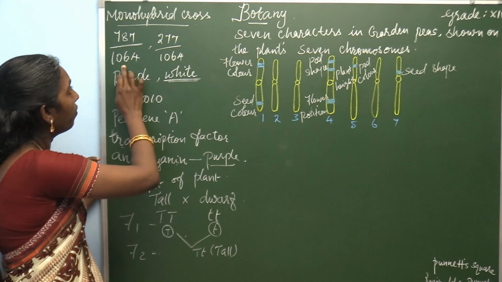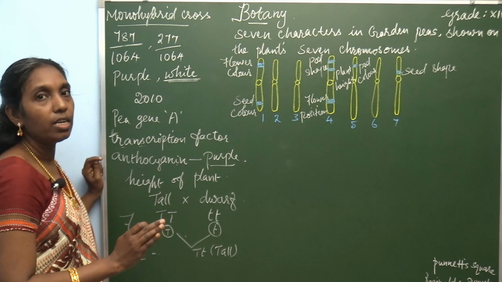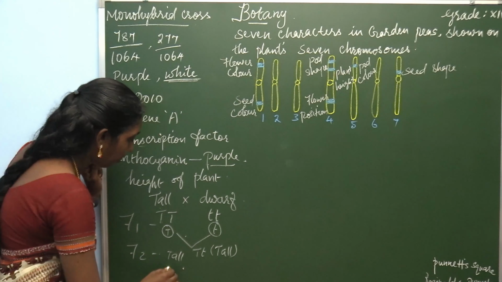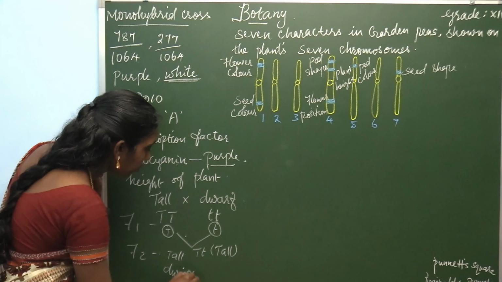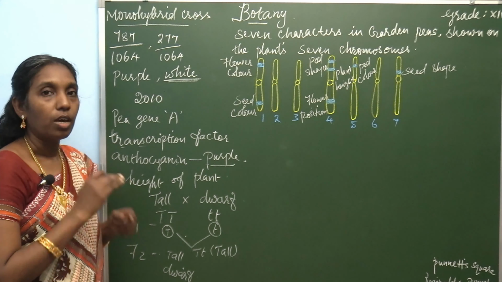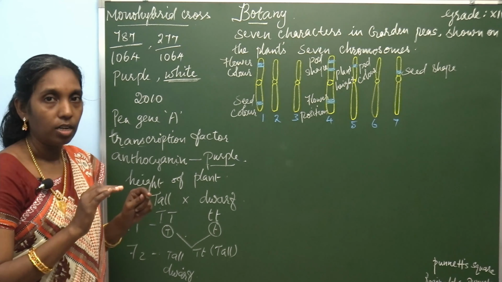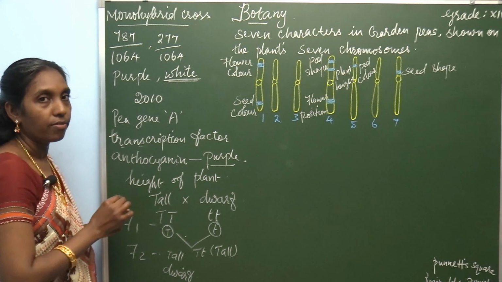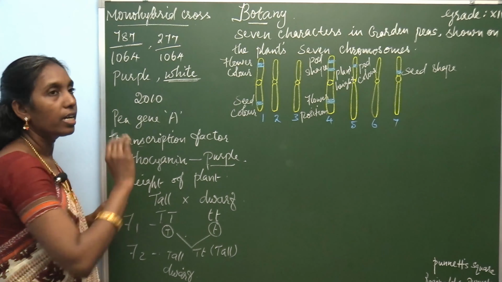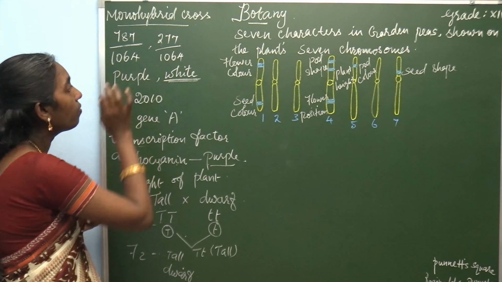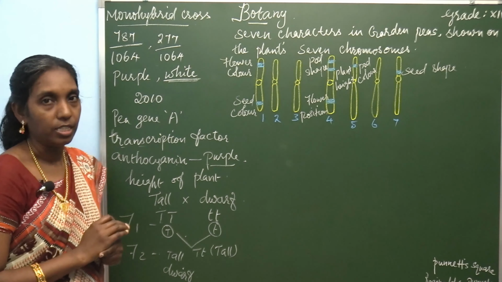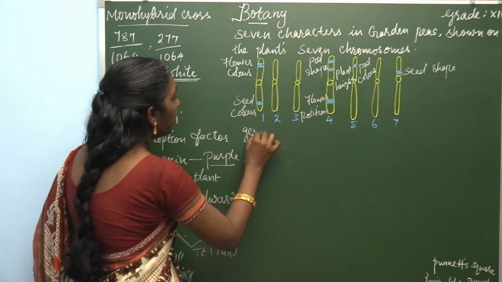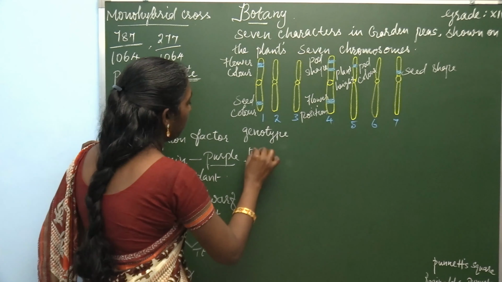Out of 1064, 787 are tall and 277 are dwarf in the F2 generation. Let us see how it will be. There are two words, genotype and phenotype.